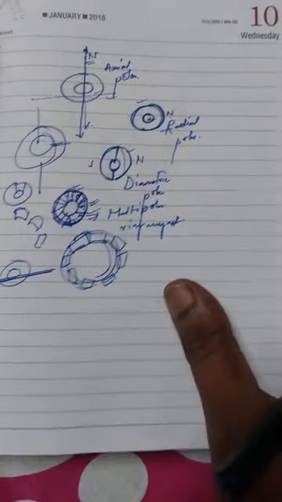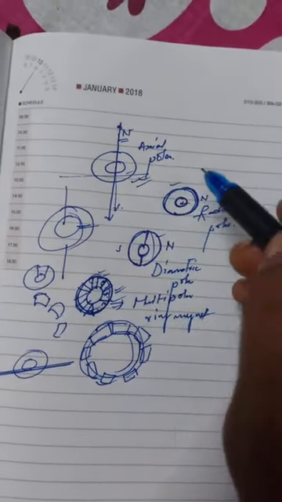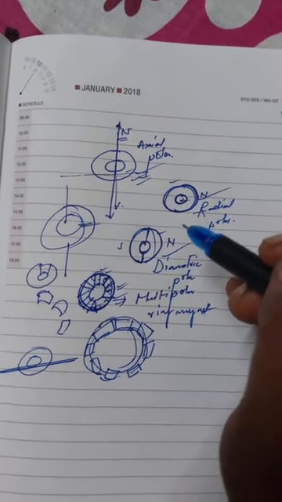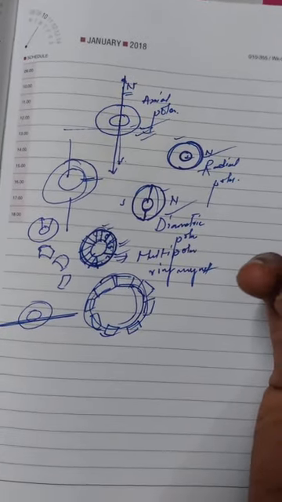Until you understand what the axial poles, the radial poles, or the diametric poles are, you will not be able to figure out where these poles are actually aligned.